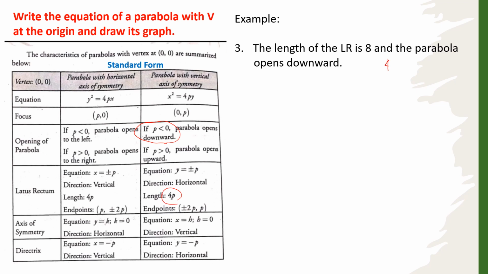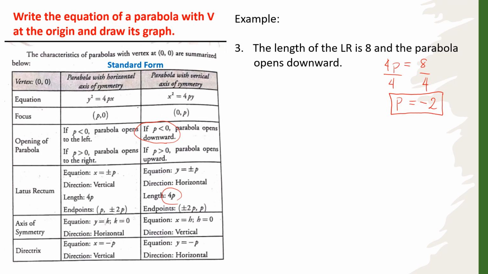Therefore, 4p is equal to 8. To solve p, divide your equation by 4. p here is 2. Now, since the parabola opens downward, p therefore is negative 2. Okay? So p is negative 2. Why? Because the parabola opens downward.